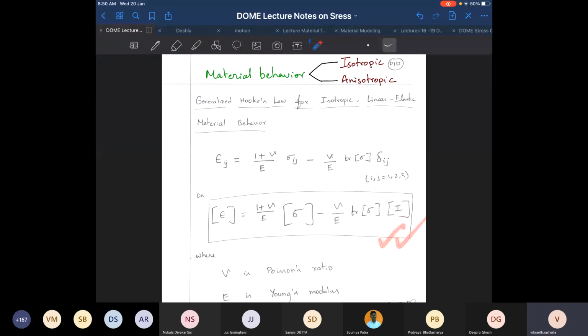This is the generalized Hooke's law. You are normally familiar with relations in tensile loading, shear loading, or pressure conditions. Those are all specialized relations. The general relation between stress and strain for linear elastic isotropic materials is this.